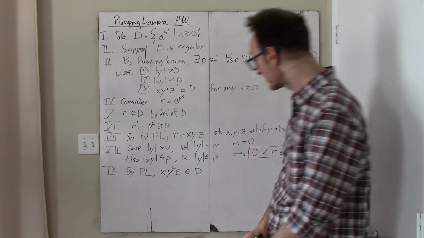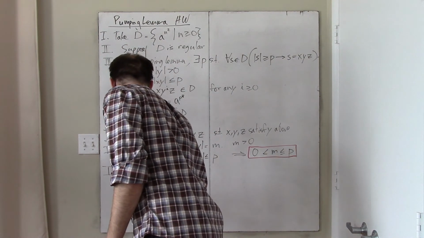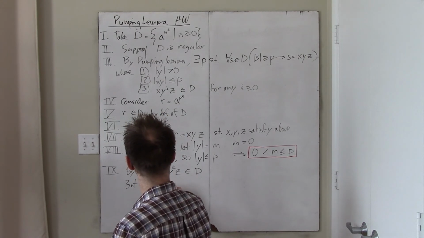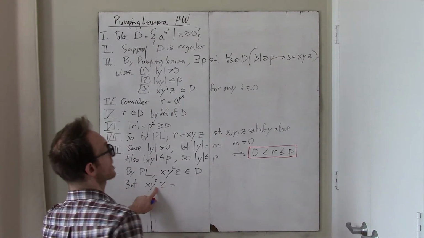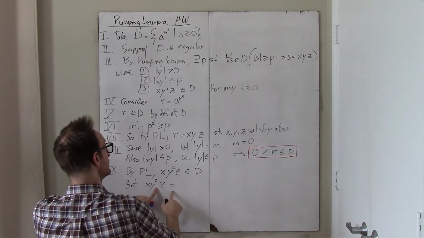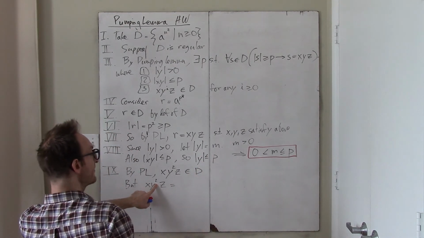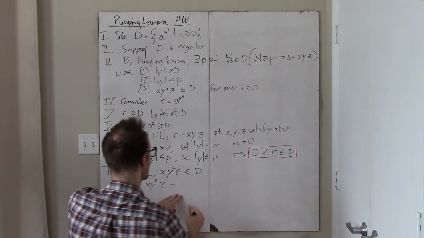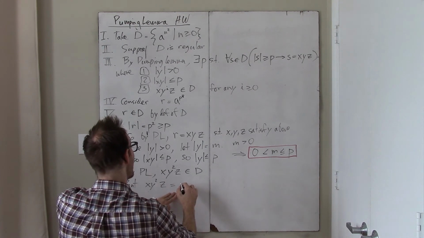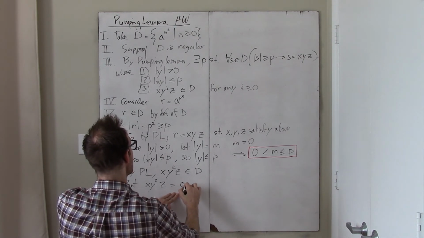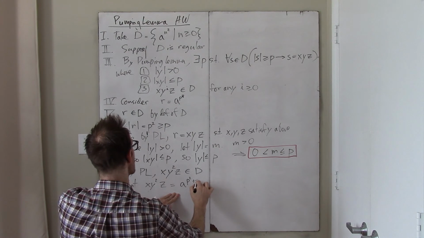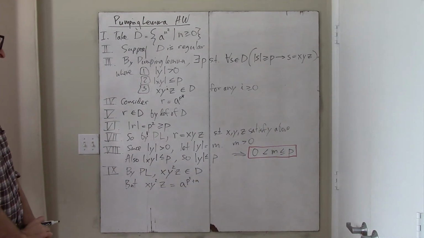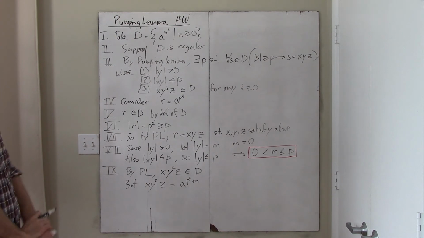But what is this string x y squared z? Since y has length m, this string has m more a's than r does. Therefore, this string is just a to the p squared plus m, because I just added m a characters to the length of r.